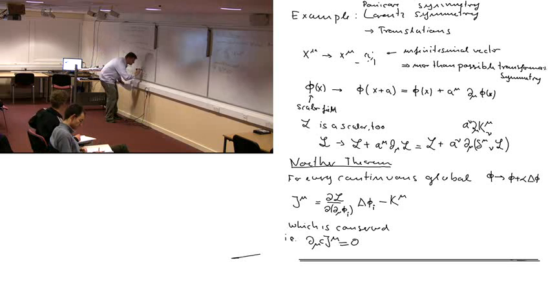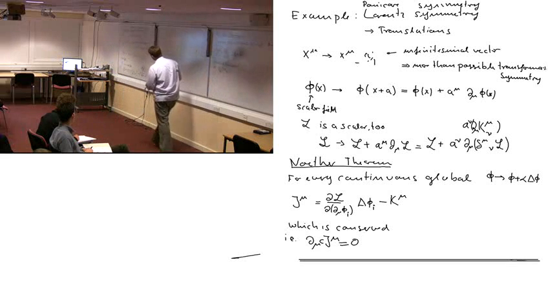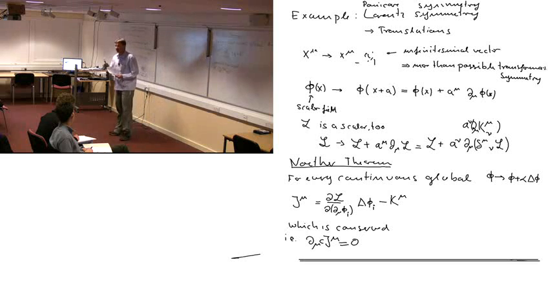So we have a whole bunch of k's for each direction in which we do a translation.